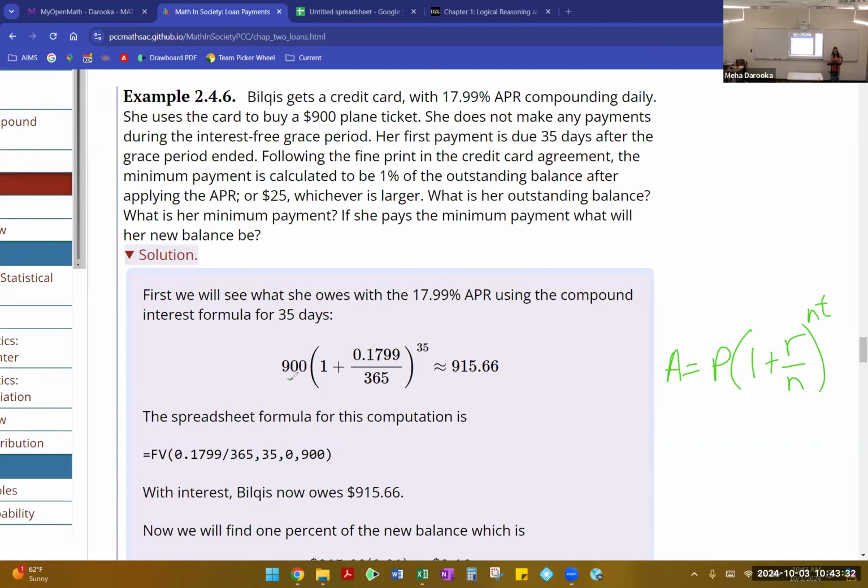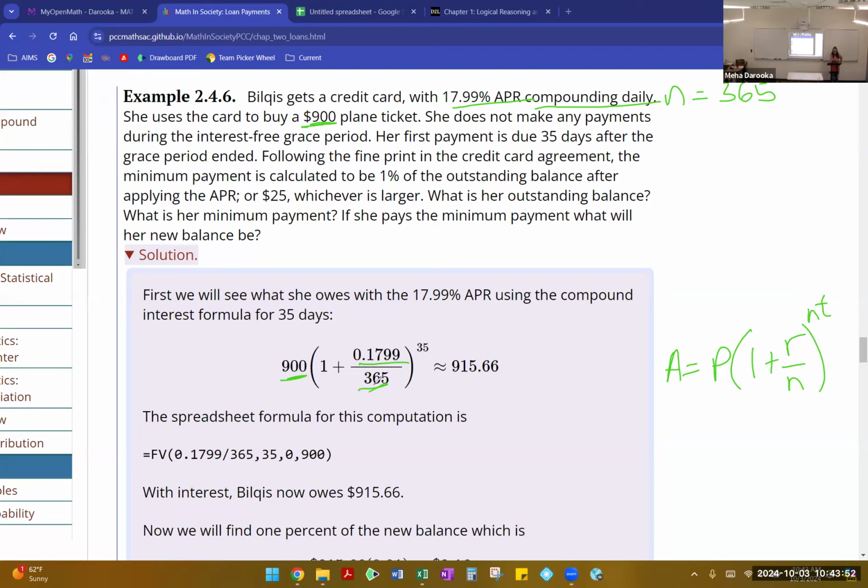So $900 is your principal because that's what she's borrowing. You have a 17.99% APR, so as a decimal that's 0.1799. The compounding period is daily, so that's your N value of 365.